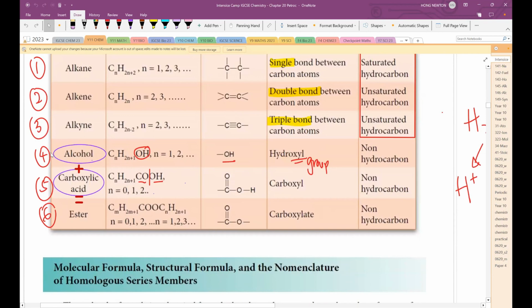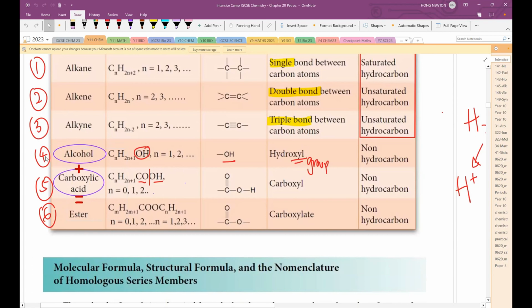Who is the father of the whole family? The origin is actually the alcohol. When alcohol is oxidized, it becomes carboxylic acid. And when alcohol plus carboxylic acid react, they form ester.